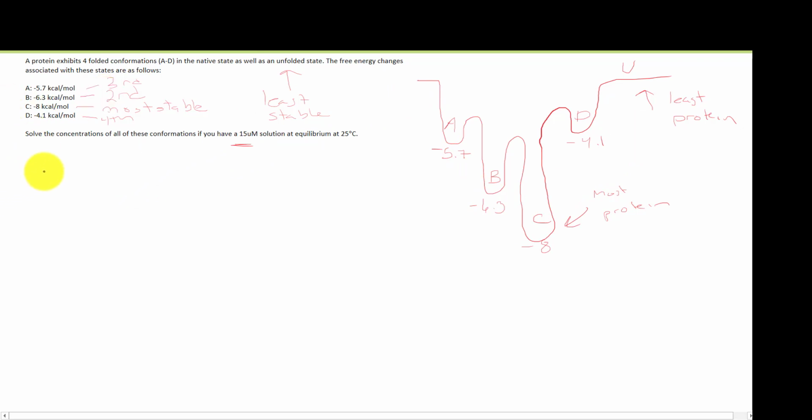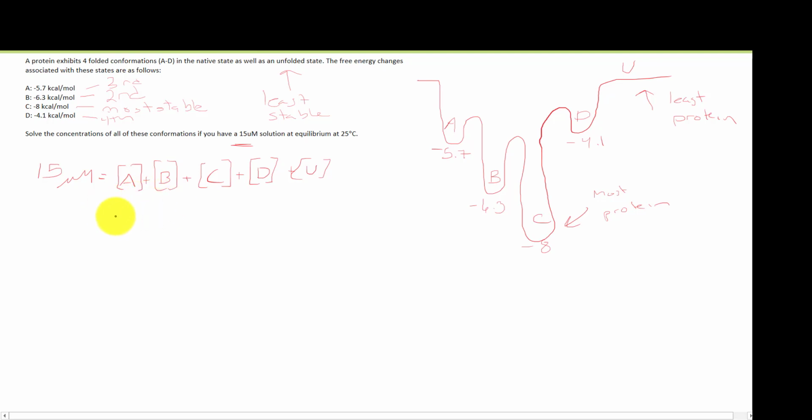Of course, a real protein has multiple conformations, but in the native state, these are going to be the majority of our population. So the concentrations of A and B and C and D and U are going to equal 15. All we have to do is find the concentrations of all of those, and we'll be in good shape, right? Much easier said than done.